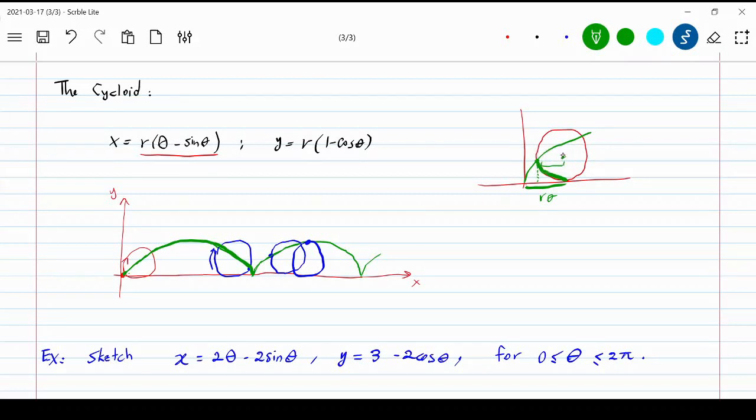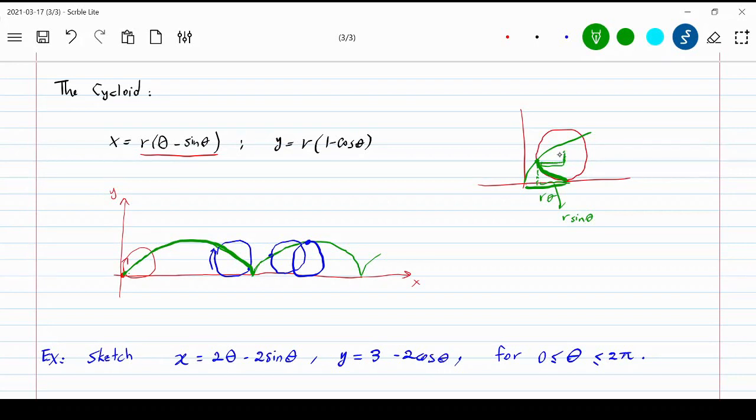This is not a parallel circle. So what you see is that this length would be r sine theta. Maybe in the center of the circle, somewhere here.